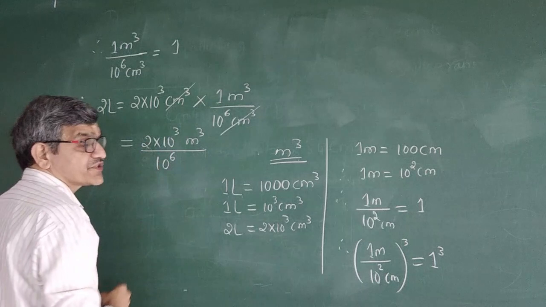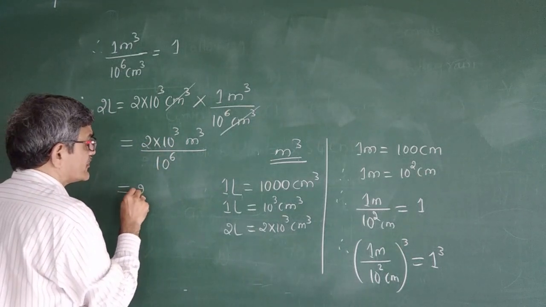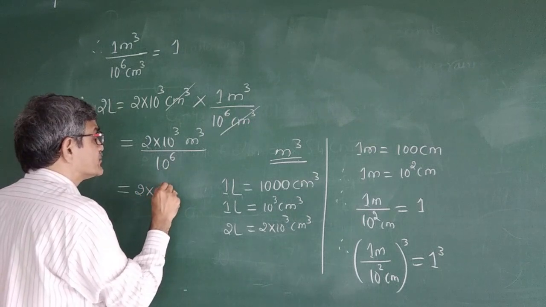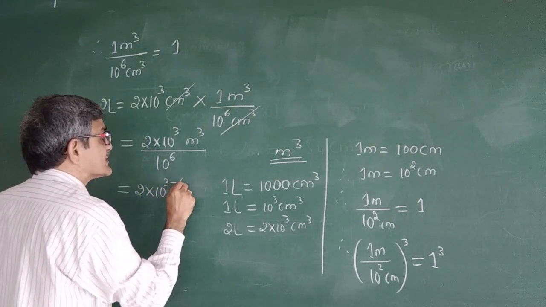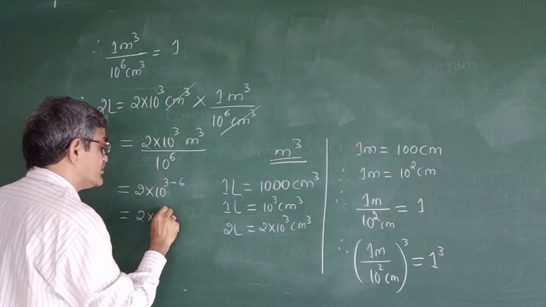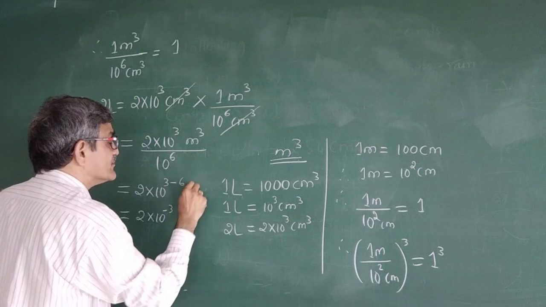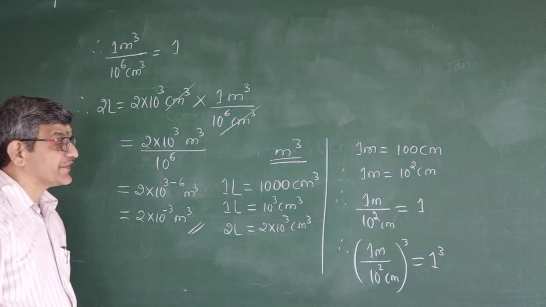If you take 10 raised to 6 to the numerator, you have studied the law of indices. 2 into 10 raised to 3 minus 6. That is nothing but 2 into 10 raised to minus 3 meter cube. So this is the answer.